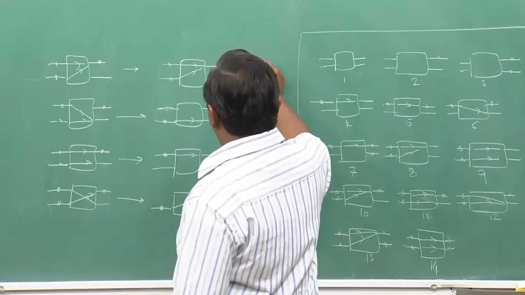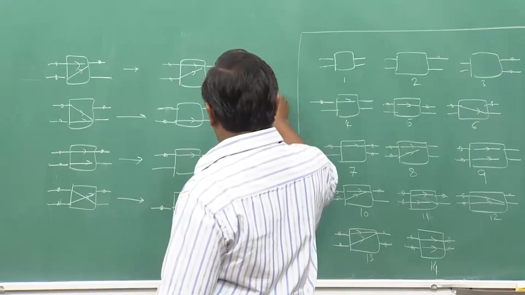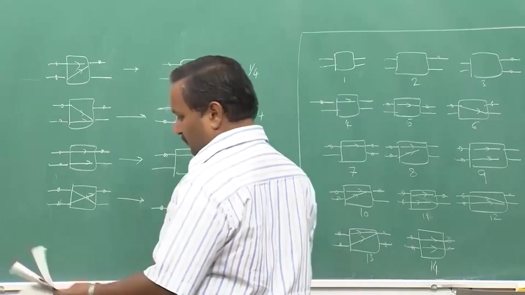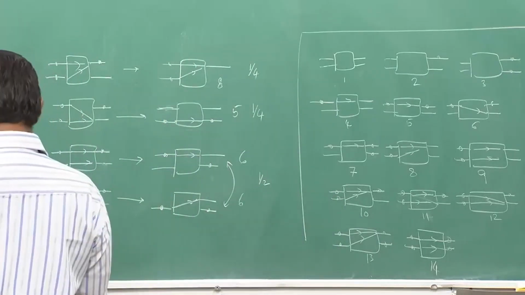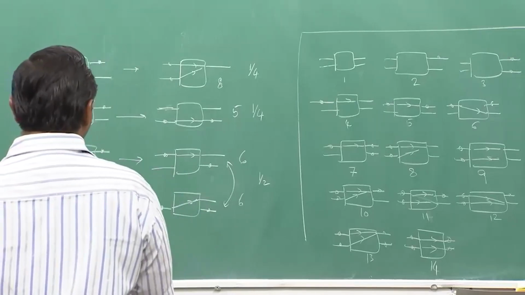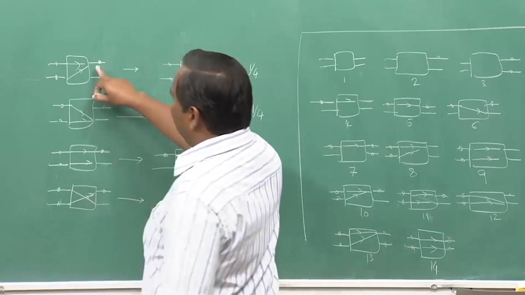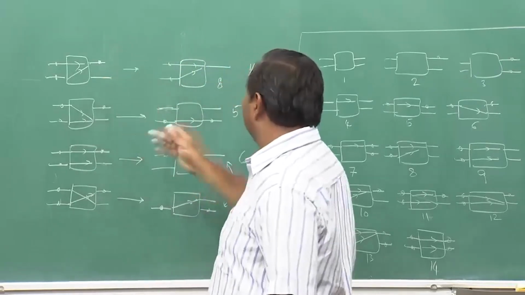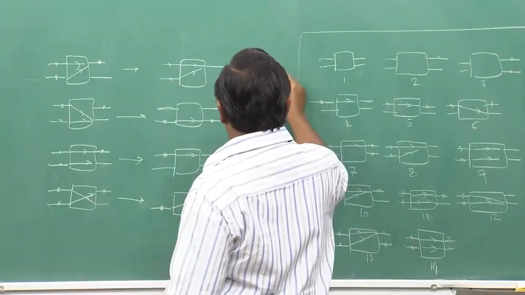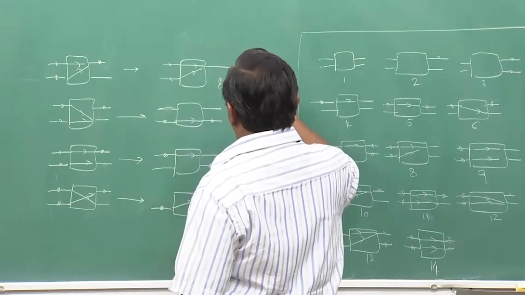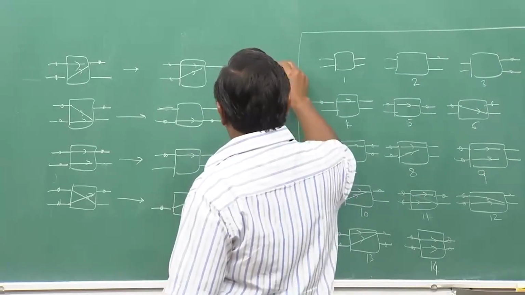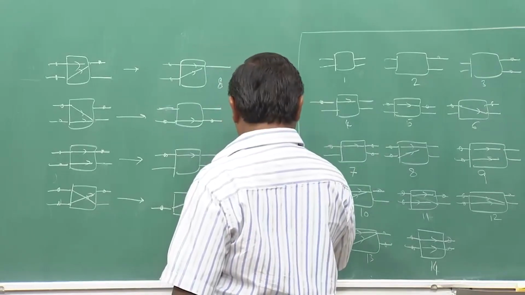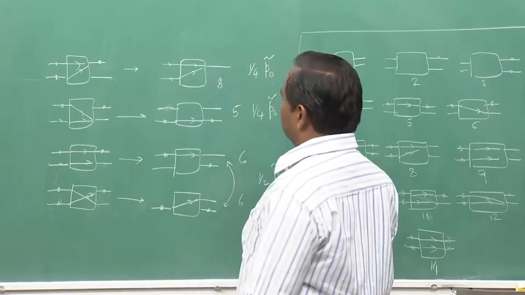So, 8 will happen with probability 1 by 4, this will happen with 1 by 4, and this will happen with 1 by 2. Of course, this will depend on whether this packet is going to go out or not. I am assuming this packet is going to go out. So, I have to write 1 over P 0 tilde, in stage 0. This is what is going to happen.